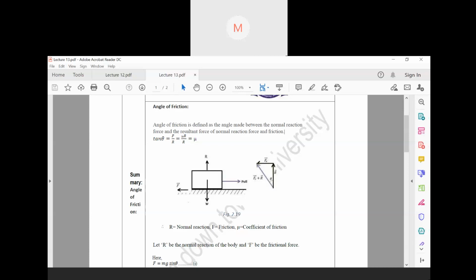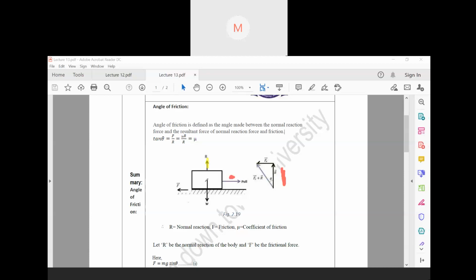Look, I'll try to explain. If you see here, this is the R. That means this is the reaction. Then there is one pull here, that means you are trying to pull the body from this side.